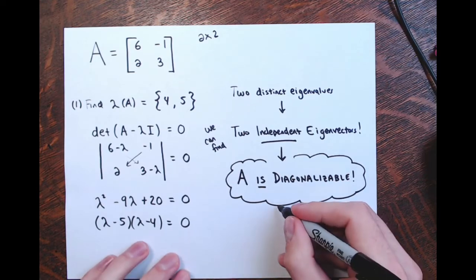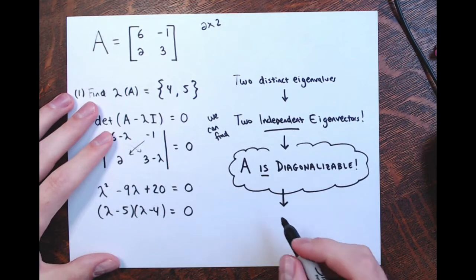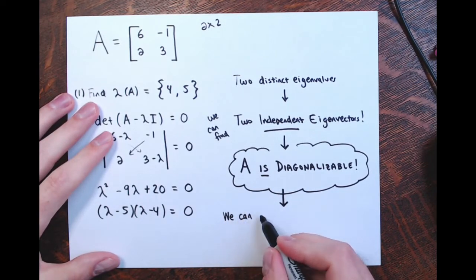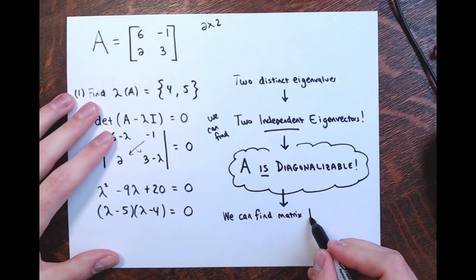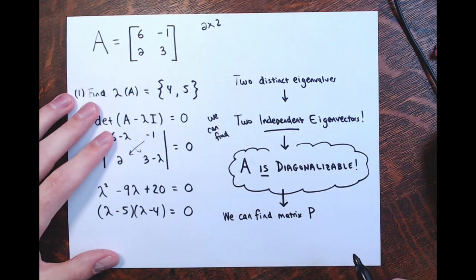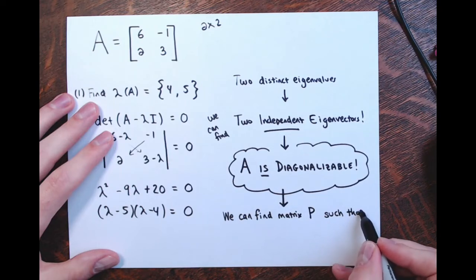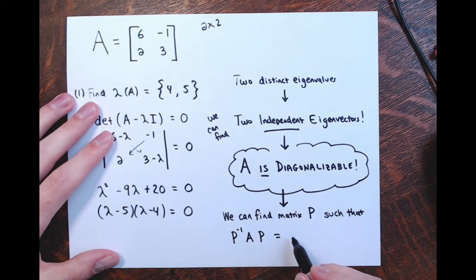Now if A is diagonalizable, what does that mean? This means that we can find a matrix P such that P inverse times A times P is equal to a diagonal matrix.